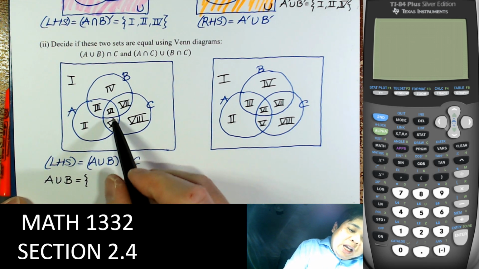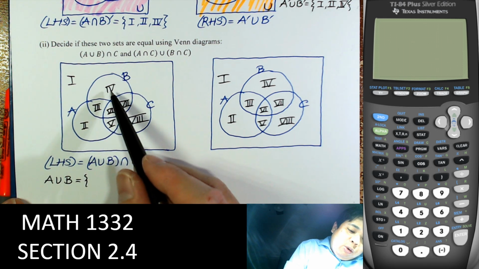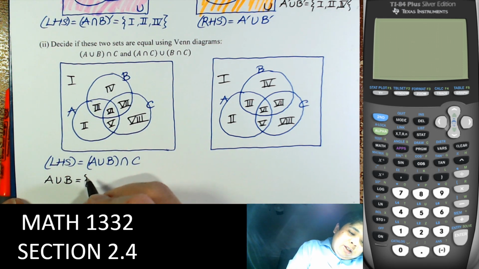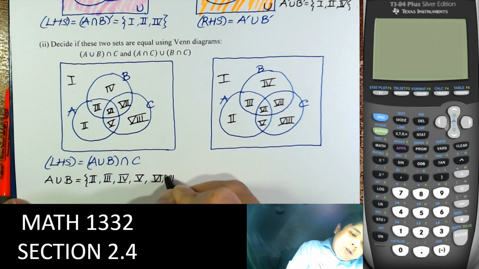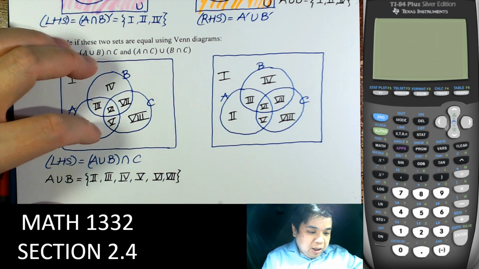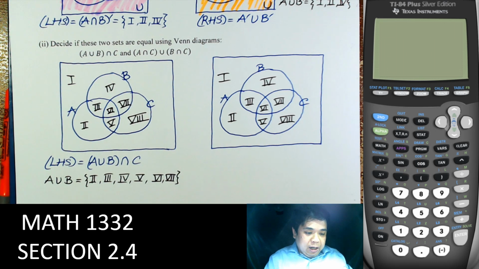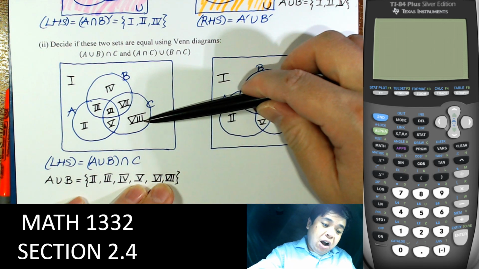A union B will be 2, 3, 4, 5, 6, and 7. So that is A union B, and then we intersect with C. What do they have in common?